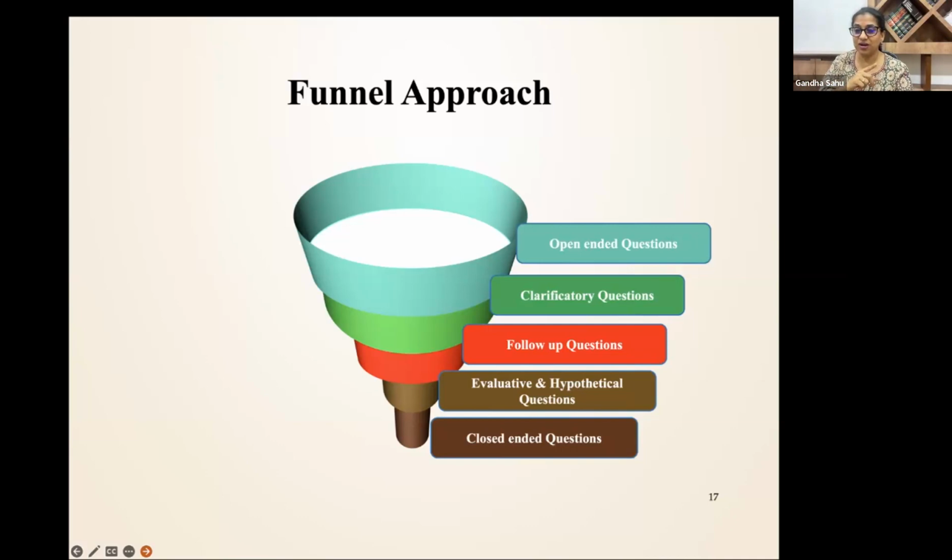But most important, the narrative has to be of the individual. And first you have to listen to the entire narrative, only then ask these questions. So first be open, understand the whole story, and then get into clarifying, follow-up, evaluative, and hypothetical questions. Okay.